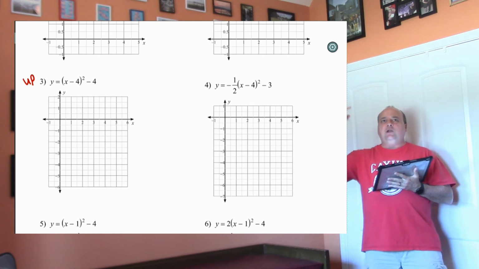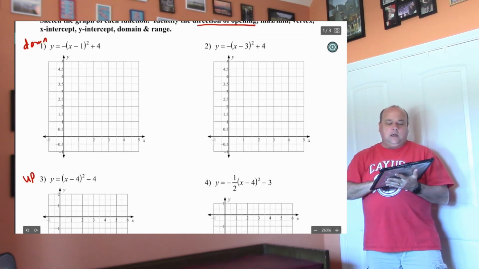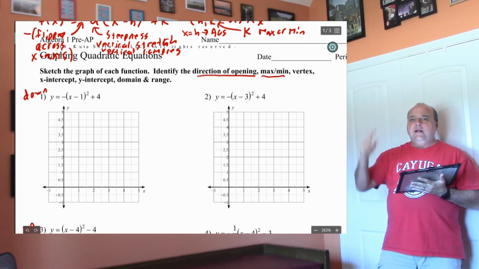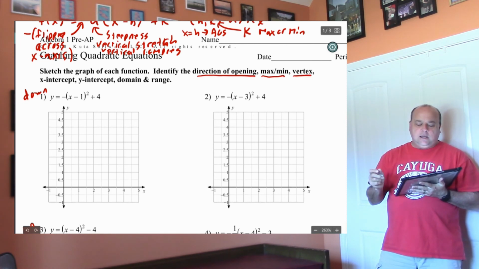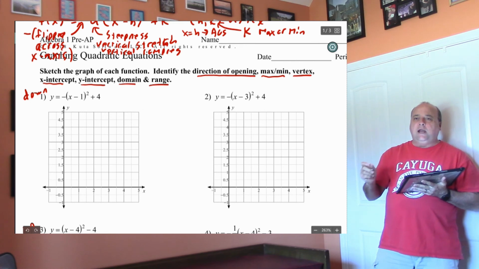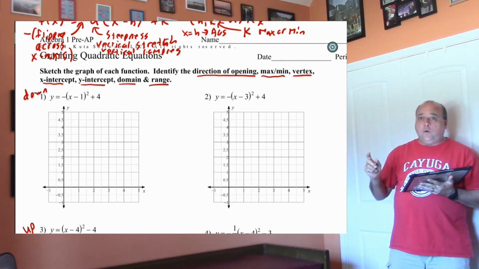Before you even graph it, you should write down or up. The next thing is the max or min, which comes from the vertex. After we graph it, we're going to identify the x-intercepts, the y-intercepts, and write down the domain and the range.